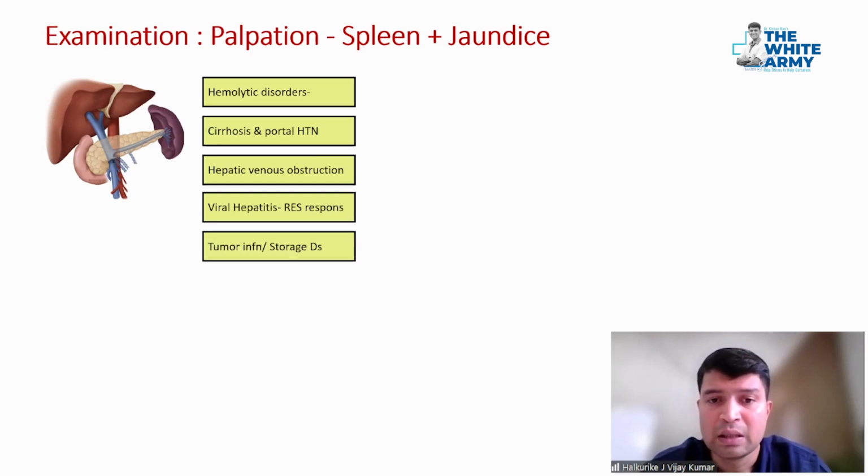In hepatic venous obstruction, you should know the pathway: the portal vein is formed by the splenic vein and superior mesenteric vein, and any block in this pathway will also lead to splenomegaly. In viral hepatitis there will be non-specific, very mild splenomegaly as part of the reticuloendothelial system response. Splenomegaly is also seen in tumor infiltration and storage disorders.